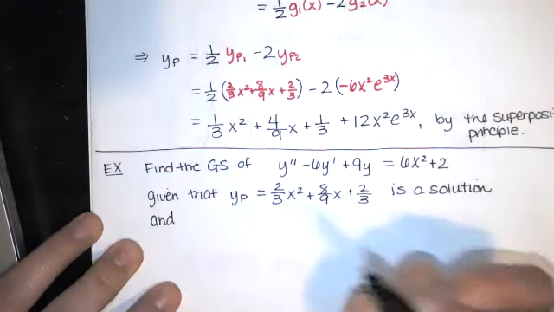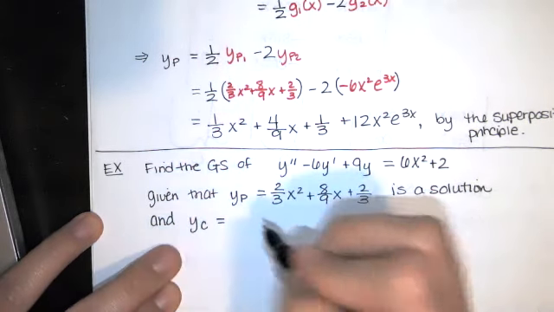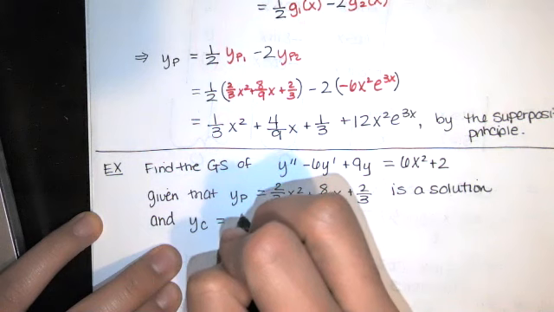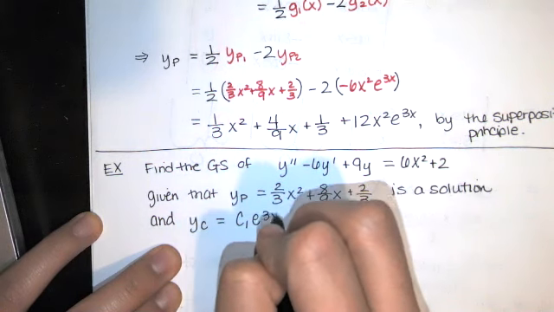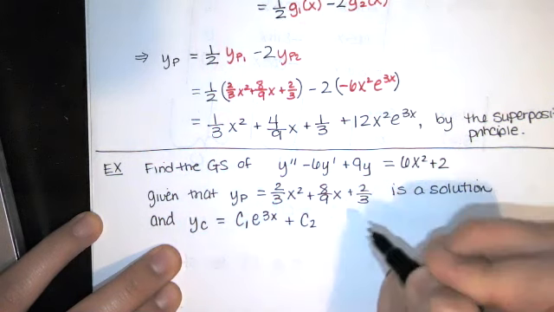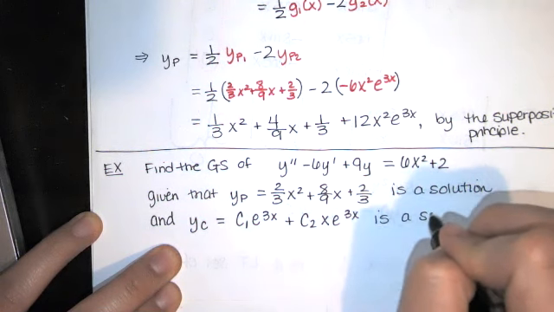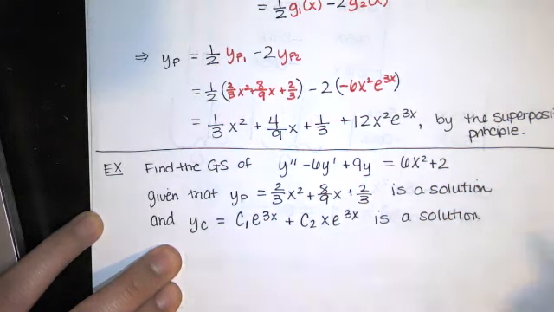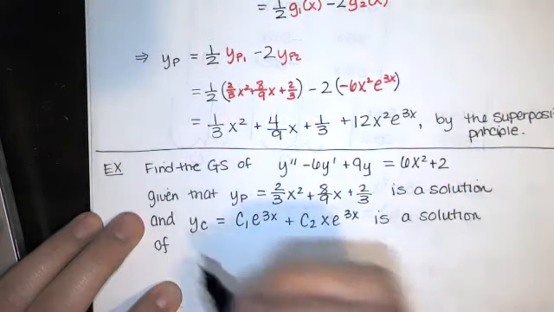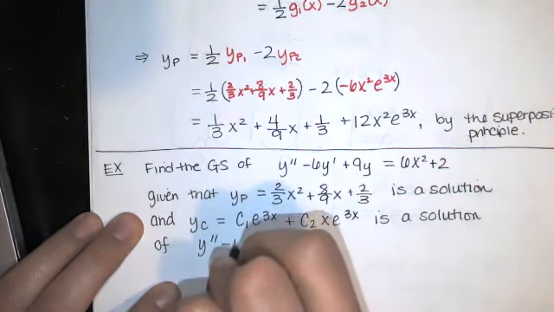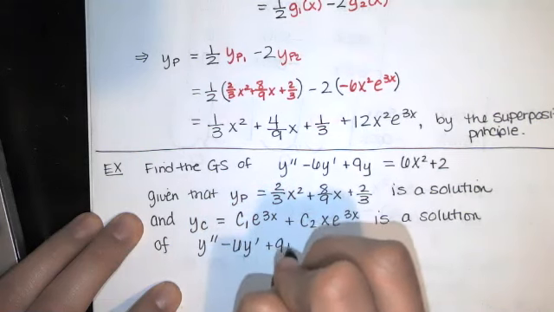And y sub c equals c1 e to the 3x plus c2 times x e to the 3x is a solution not of this differential equation, but of this differential equation, y double prime minus 6y prime plus 9y equals 0.